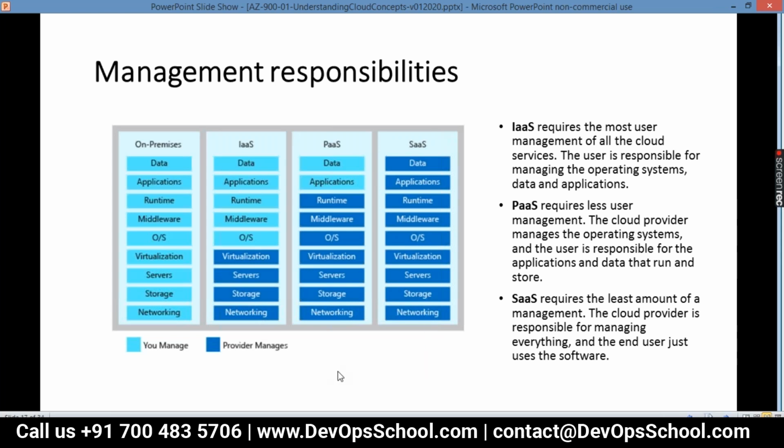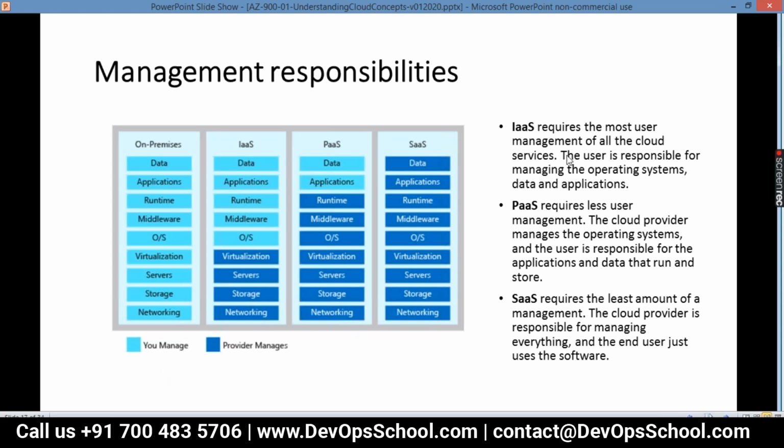Infrastructure as a service requires the most user management of all the cloud services. Exactly, because here you can see only four items are managed by the provider, and almost 50 or 60% of the items are managed by us.